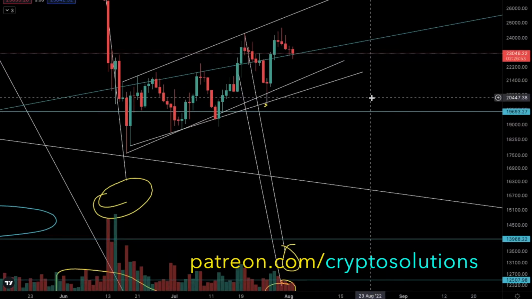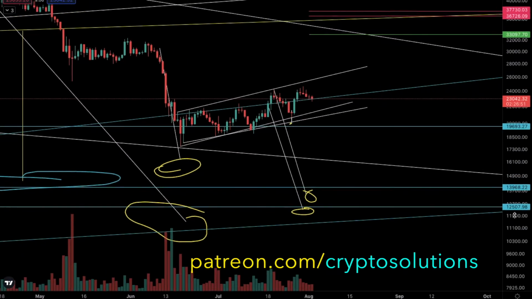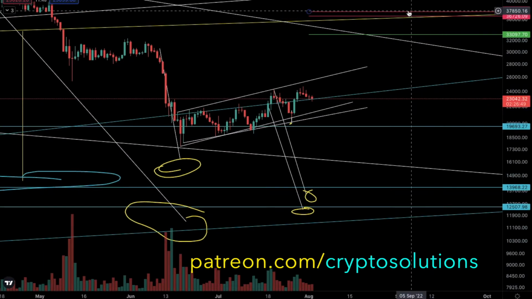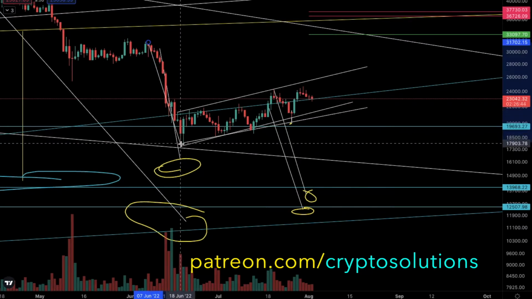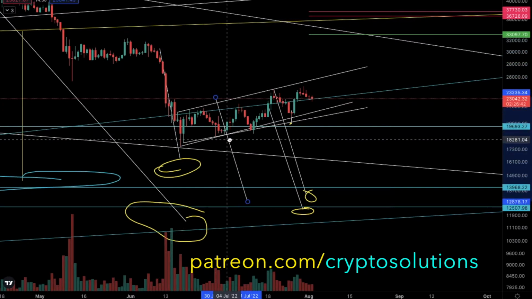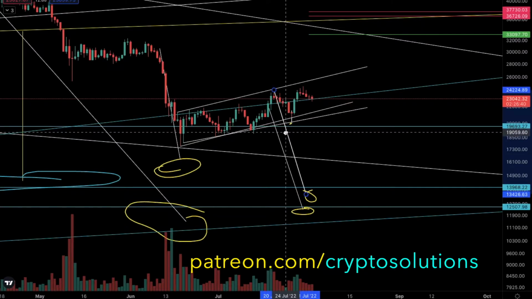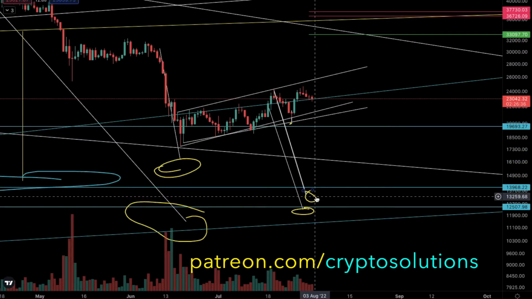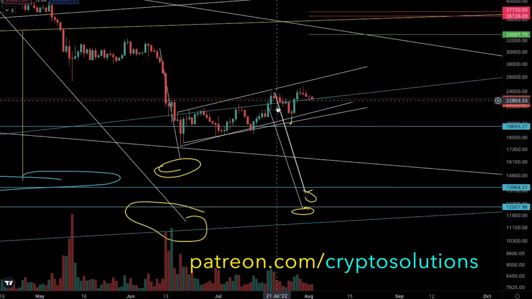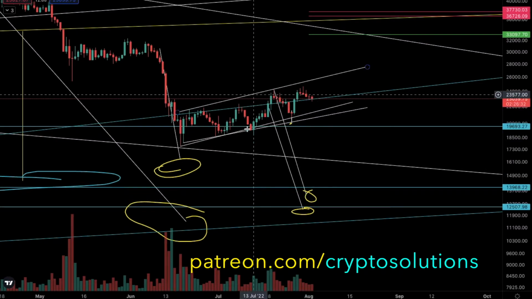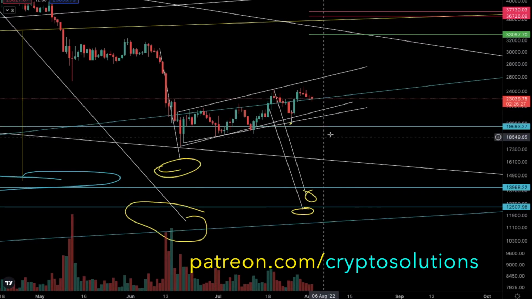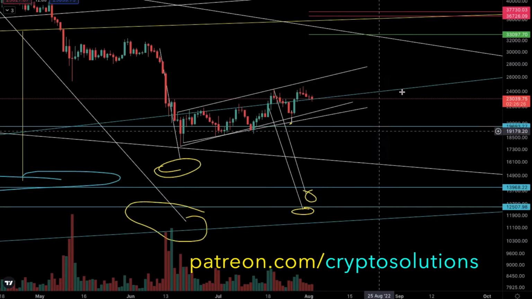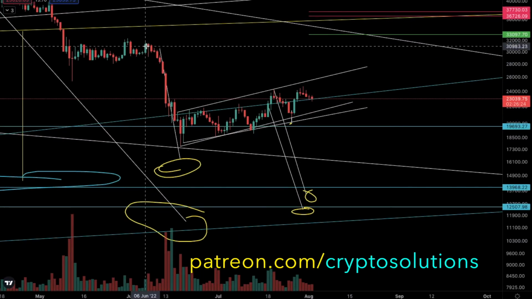And using the log scale, this is our log scale at the moment, this will be the price target for this bearish pennant on the daily time frame. If it breaks out from here, this will be the price target around this $13,000 level. This is evidence: if this breaks out to the downside in a bearish way, expect that price target to be met, like something like this.